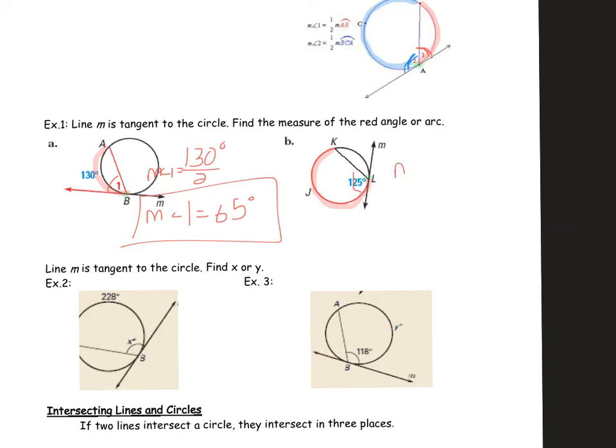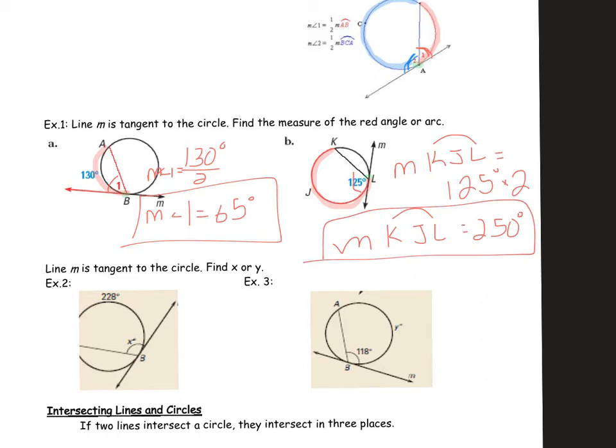So to find the measure of arc KJL, notice there are 3 letters here to name this because it's bigger than 180, we're going to take the measure of that angle, which is 125, and multiply it by 2. So the measure of arc KJL will equal 250 degrees. Again, option K your answers. Arcs and angles must have degree symbols.